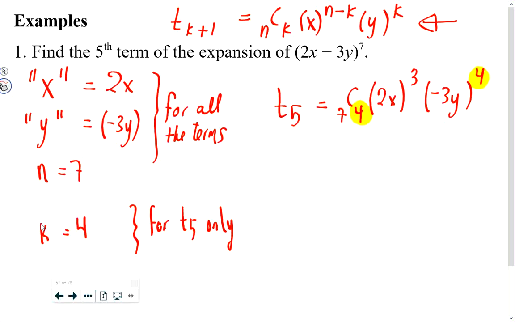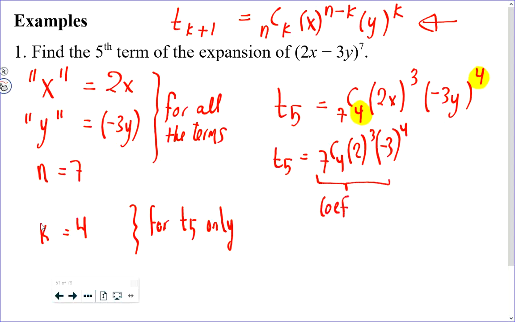When we talk about this 5th term, the 7 choose 4, the 2 raised to the 3, and the negative 3 raised to the 4, this is going to form the coefficient. We also have up here an x cubed and a y to the 4.